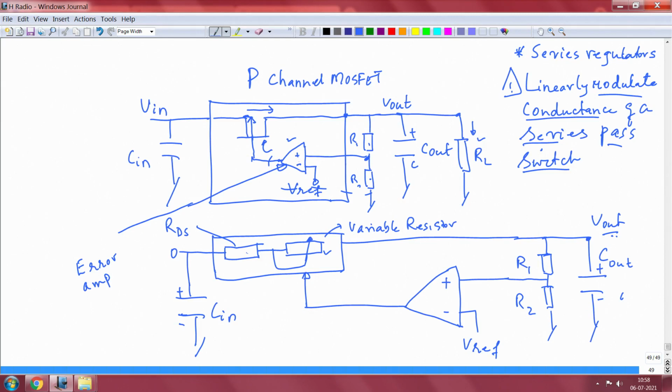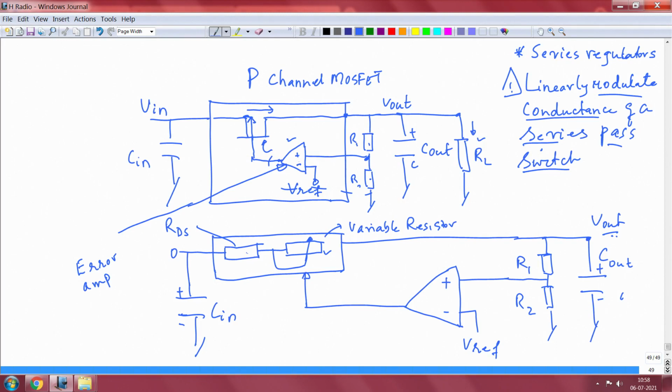It has a reference, and this reference is what is expected to be maintained at the output. Any change with respect to the output, this error amplifier will give a certain voltage out, which will modulate the gate and put it back to regulation.